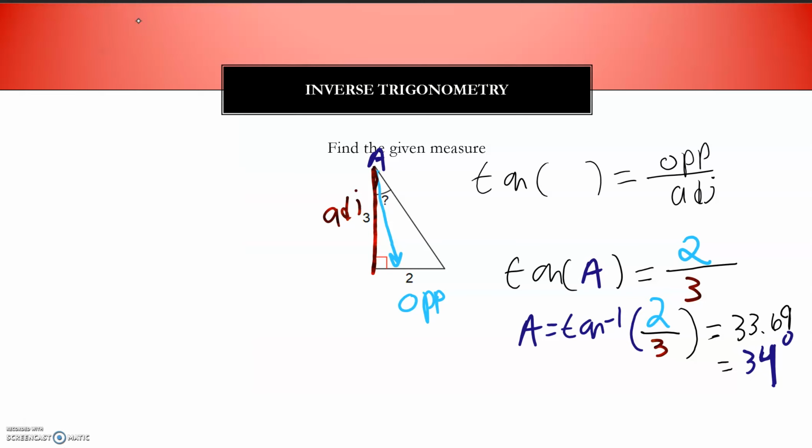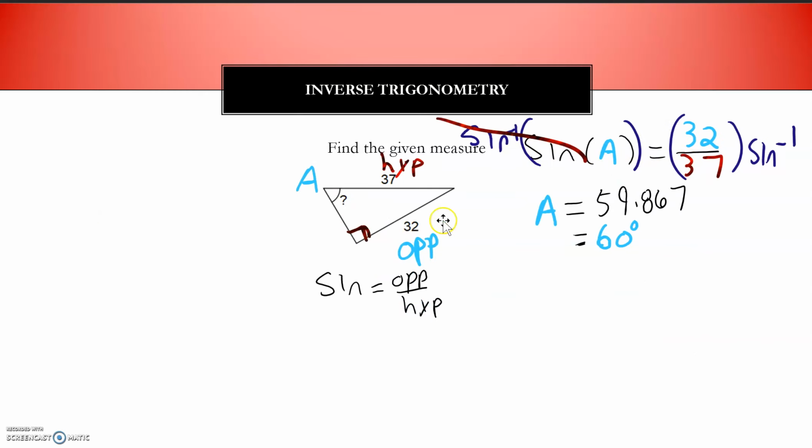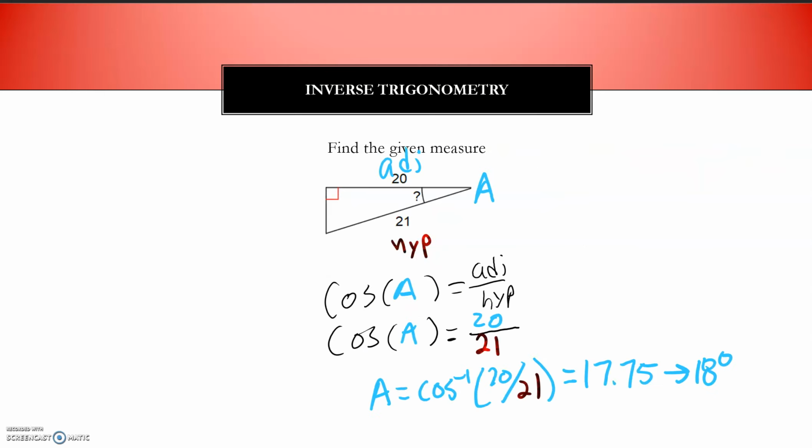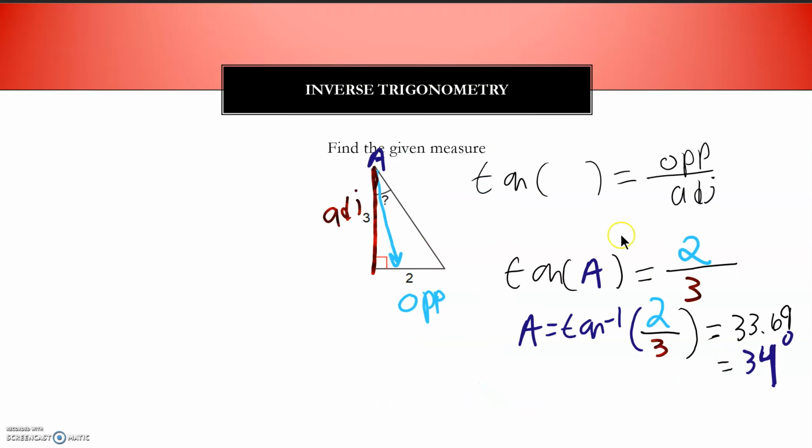Okay, so that's trigonometry. So the 3 formulas that we learned, the sine is the opposite over hypotenuse, the cosine is the adjacent over the hypotenuse, and the tangent is the opposite over adjacent. Hypotenuse is always in a fixed location in a right triangle across from the right angle.